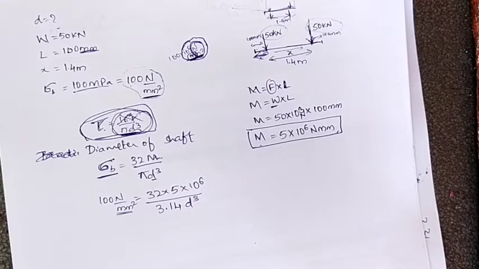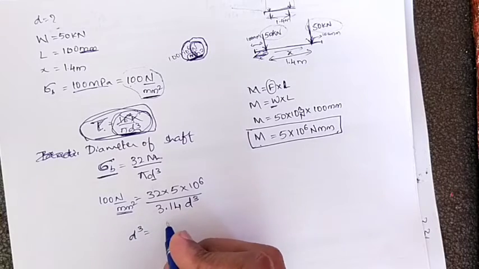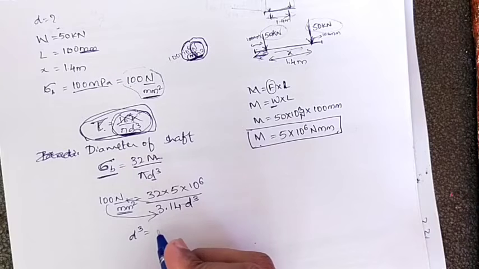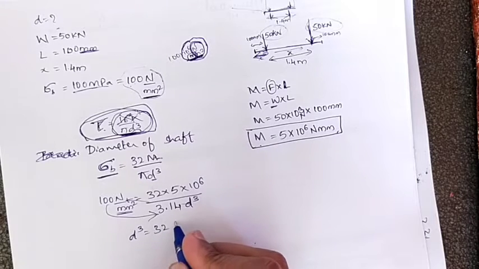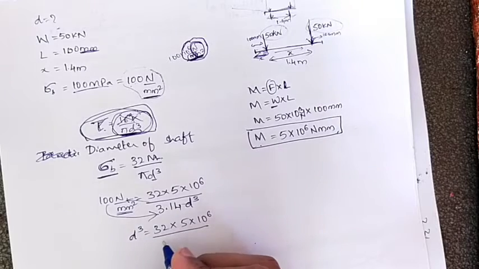So now we want d cube. So we will shift this d cube here and 100 here. So 32 into 5 into 10 raised to 6 divided by 3.14 into 100.